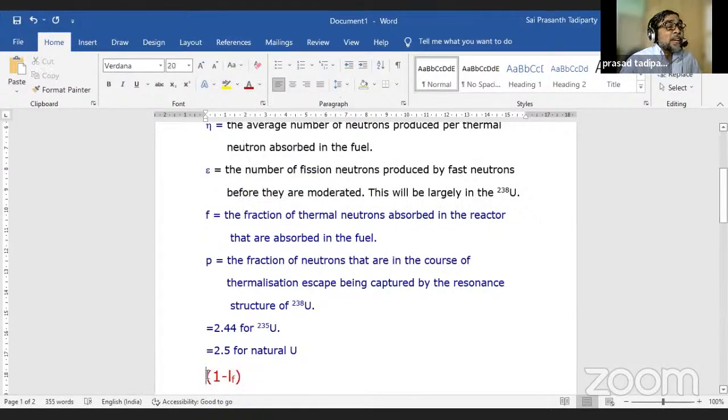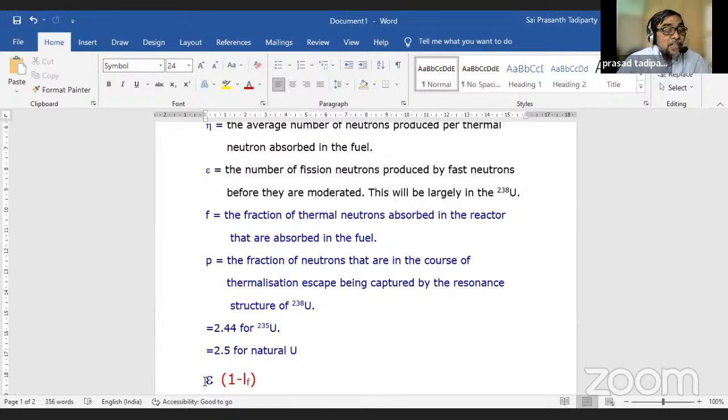Here epsilon is one factor, and initially you have nu. So this is after the third stage.